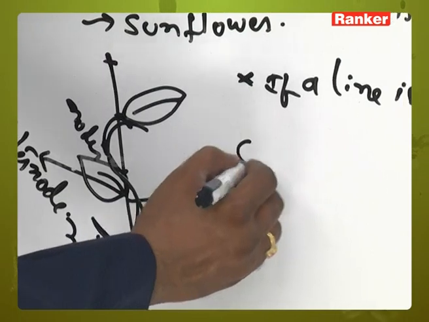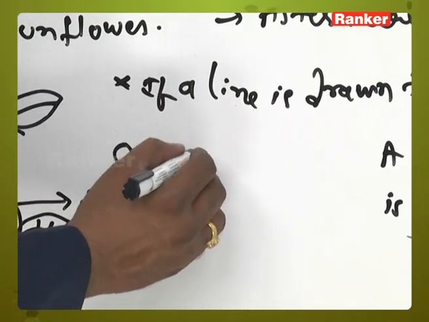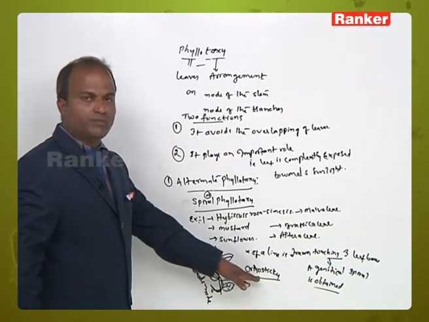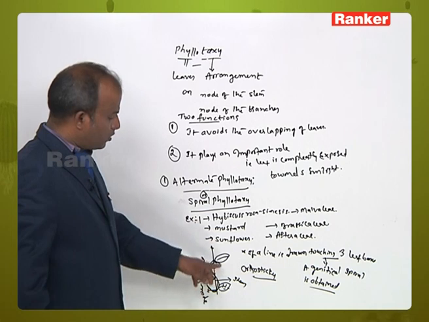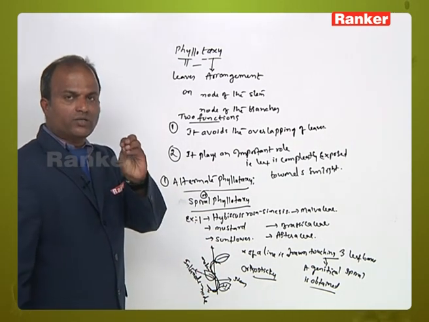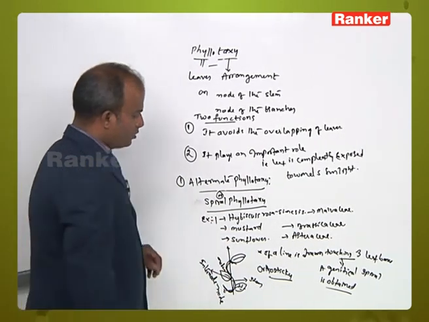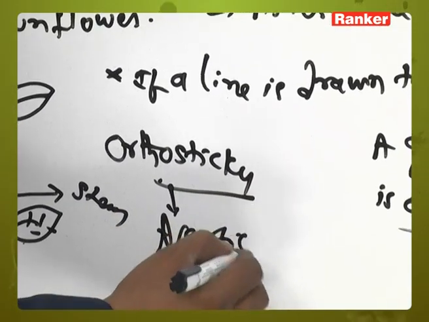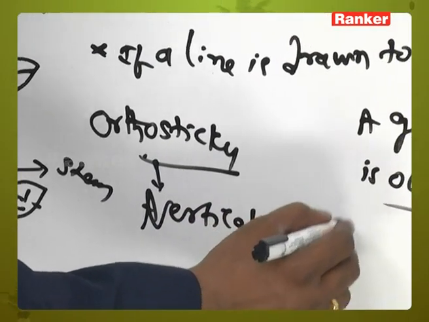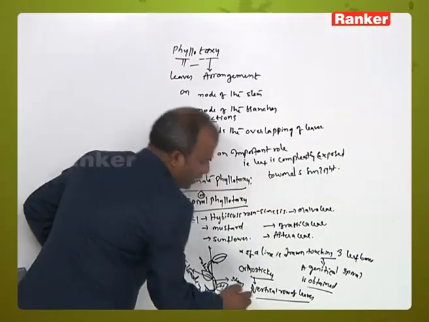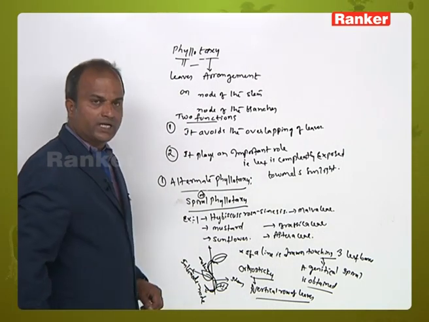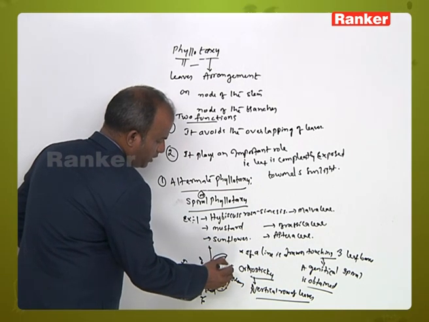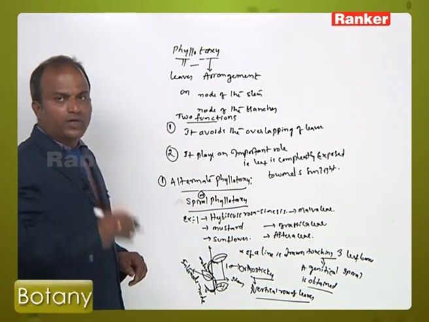Based upon this diagram, it shows only one orthostichy.